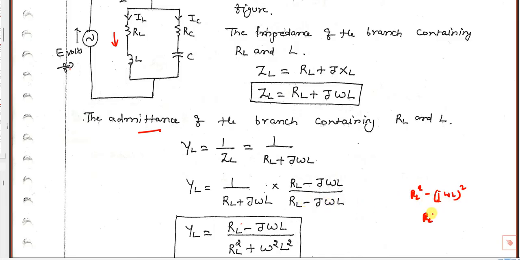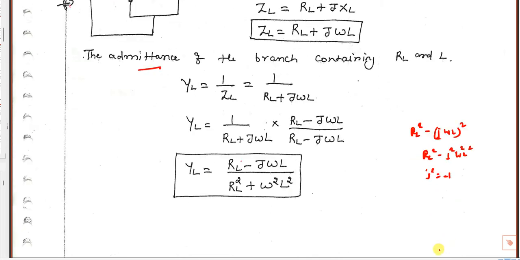This is RL square, and this is omega L whole square, omega square L square. This is J square, but J square is minus 1.